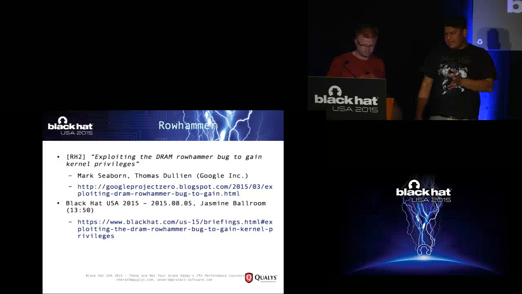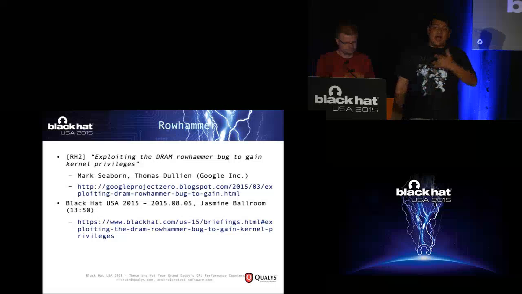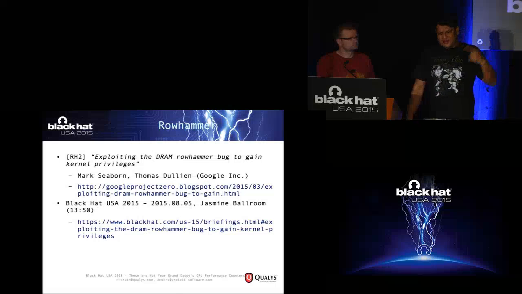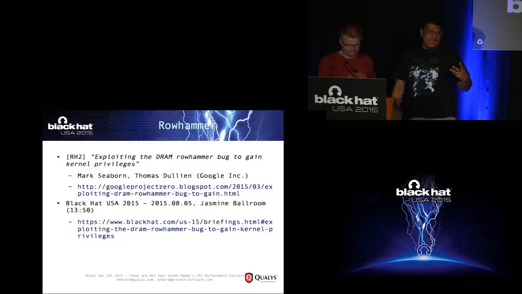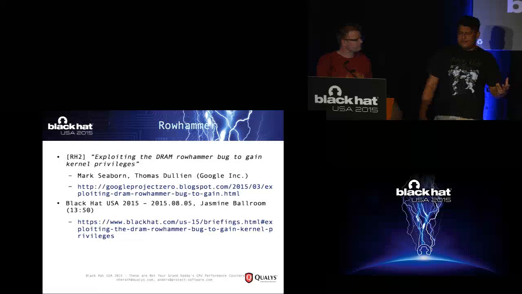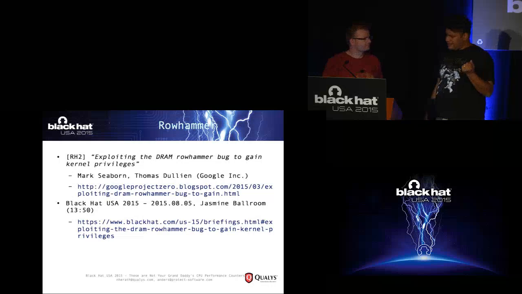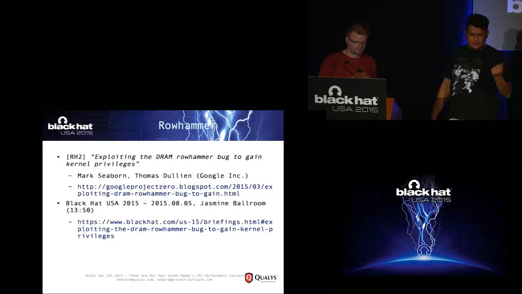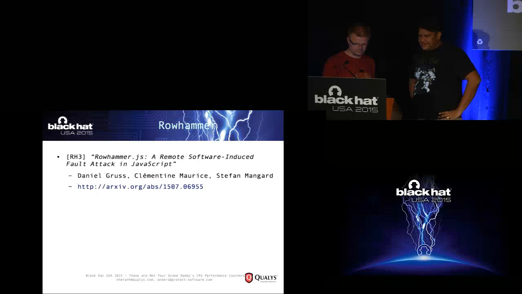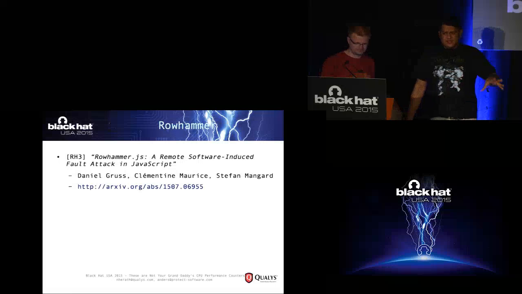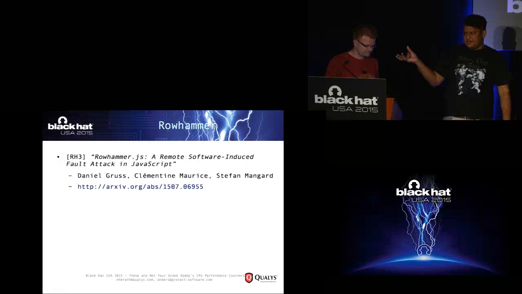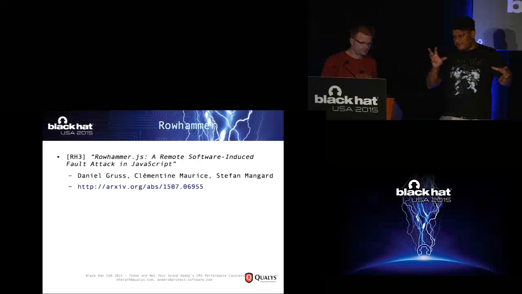Then Mark Seaborn and Thomas Dullien, who happen to be giving their RowHammer talk right around now in a different room, exploited this, and I believe they modified the PTEs using bit flipping in RowHammer to gain kernel mode.